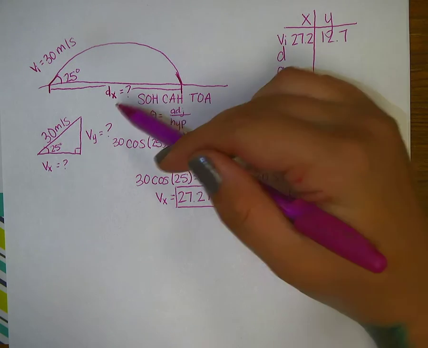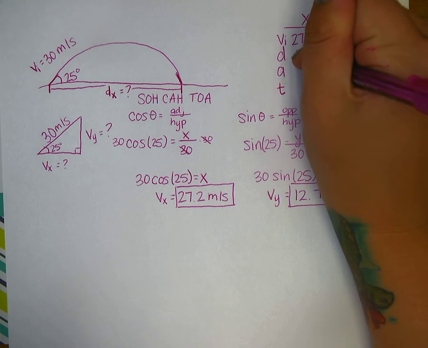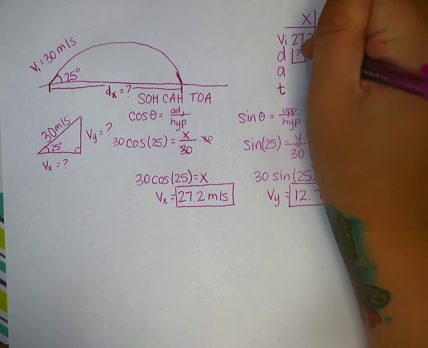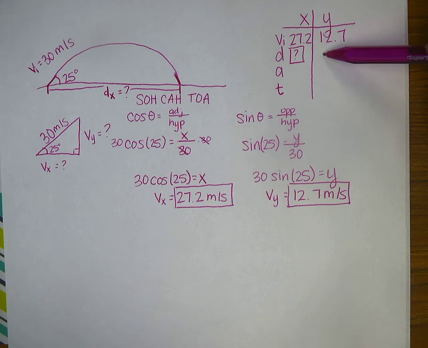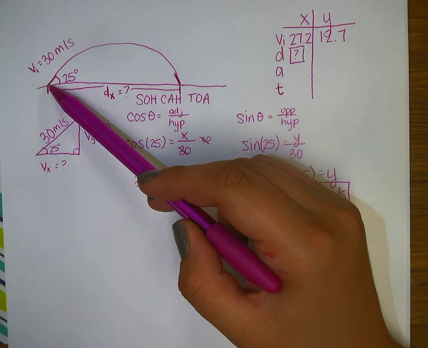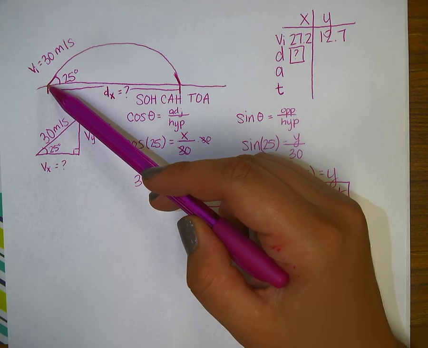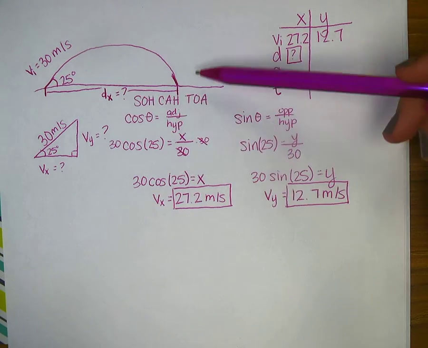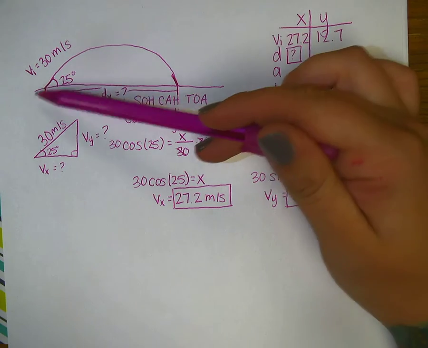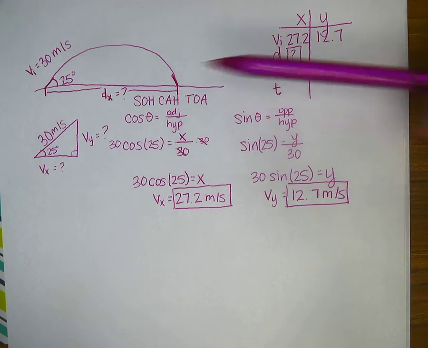Displacement in the x direction is what we're trying to find. That's going to be a question mark, and since it's what I want to find, then I'm putting a box around it. And displacement in the y is something that we can figure out conceptually. Whenever we're talking about displacement in the y, we want to know the difference in position, but only in the y direction between the start of our jump and the end of our jump.